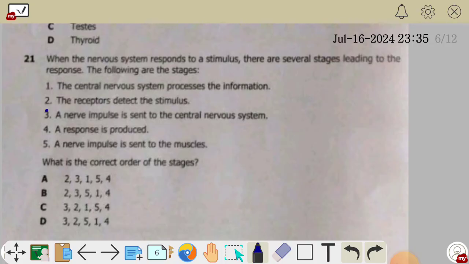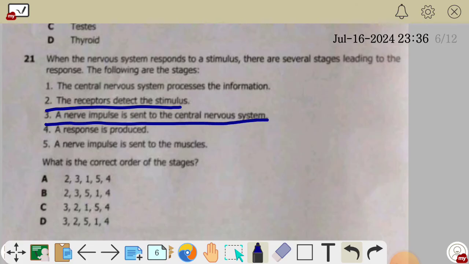Now, after detecting the stimulus, a nerve impulse will be sent to the central nervous system, meaning 3 is the second step. Then the central nervous system will process the information.